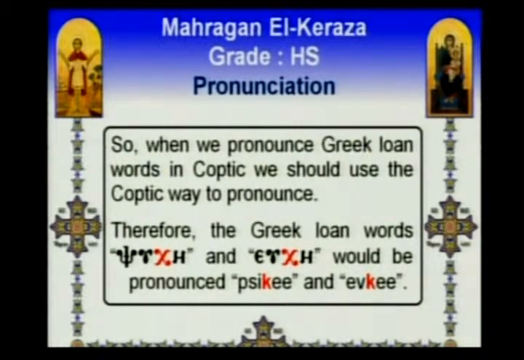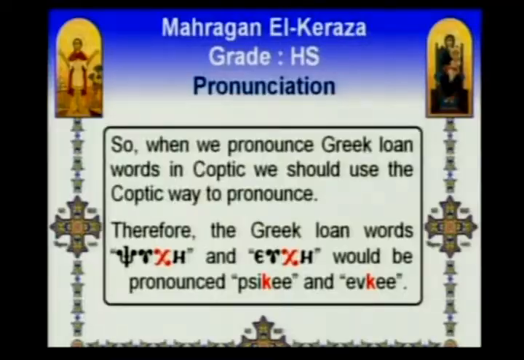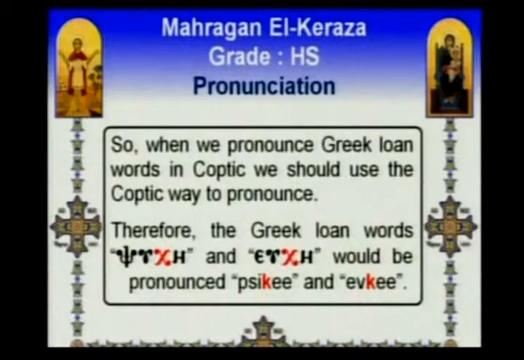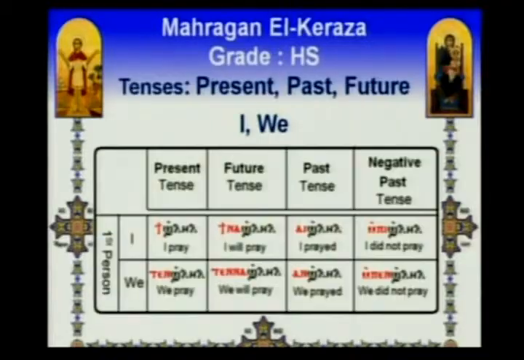We should pronounce it the way we write them in Coptic, and this letter in Coptic is K, so these words would be pronounced psi and fk, because, as I said, these are loan words now, although they are of Greek origin, but they are now Coptic words as loan words from the Greek, so we should apply the rules of pronouncing by the Coptic pronunciation. So the bottom line is psi and fk would be a more appropriate way to pronounce these two words.